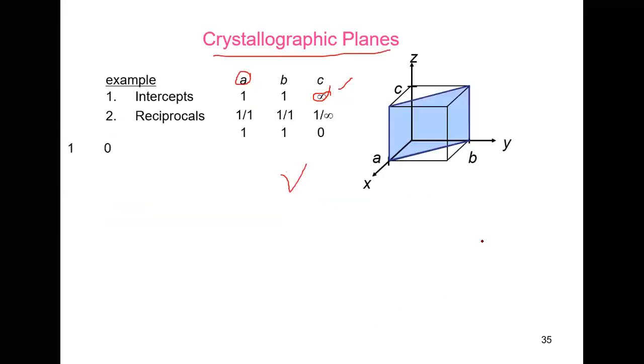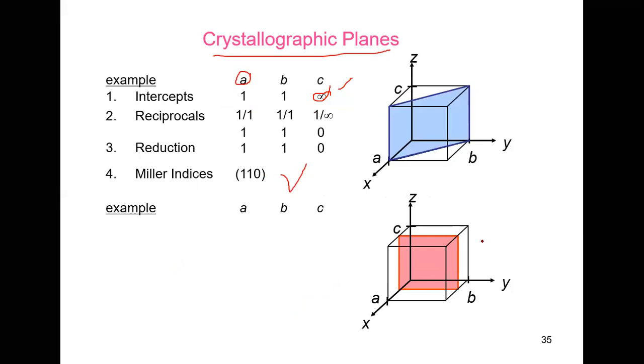Okay, and we have already calculated the step-by-step Miller indices of this plane. Now we are going to calculate the Miller indices of this plane. For that one, you see the intercept on the x-axis is half. It is halfway, so it's half, and it is parallel to the y and z-axes. And then take the reciprocal.